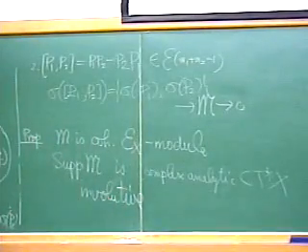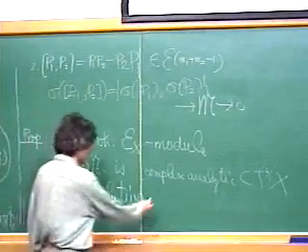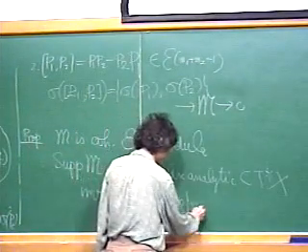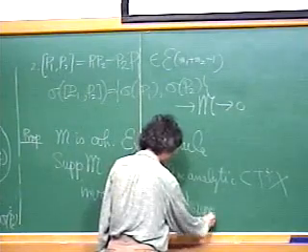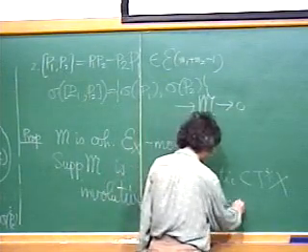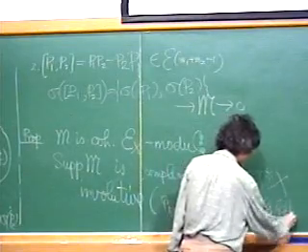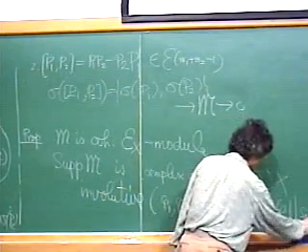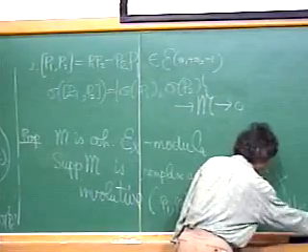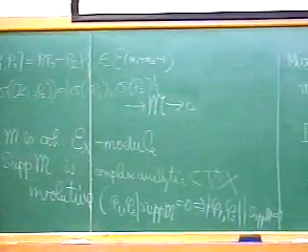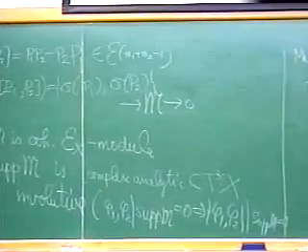Involutive means if two functions vanish on the support of M, then their Poisson bracket vanishes. So that is one of the fundamental notions in symplectic geometry.